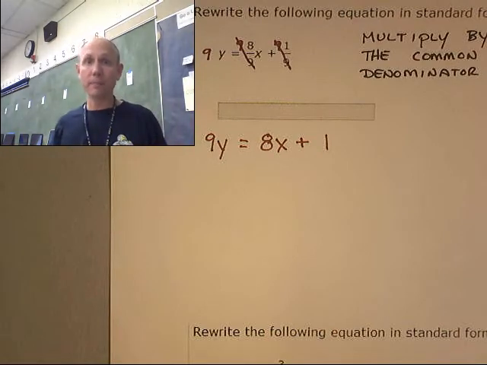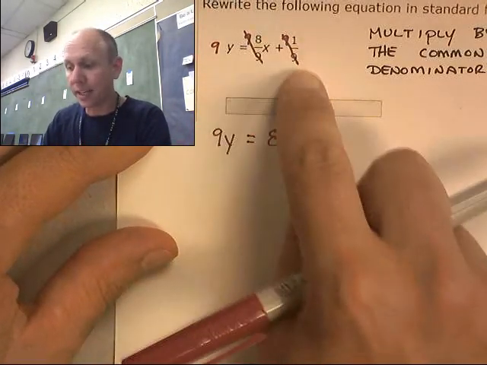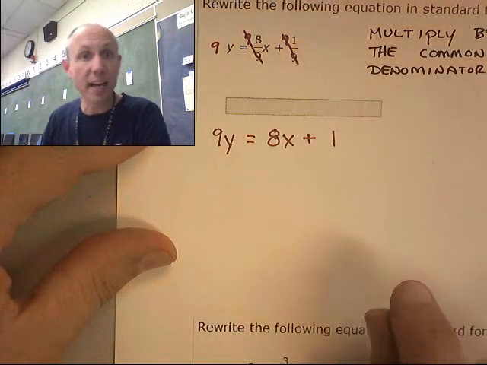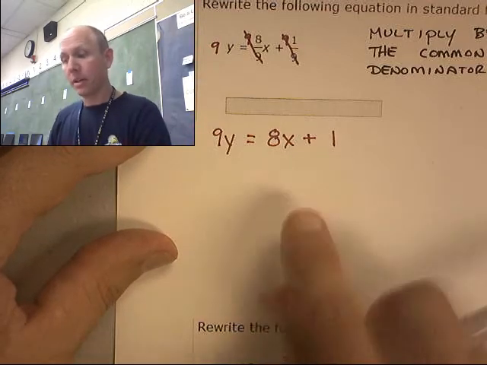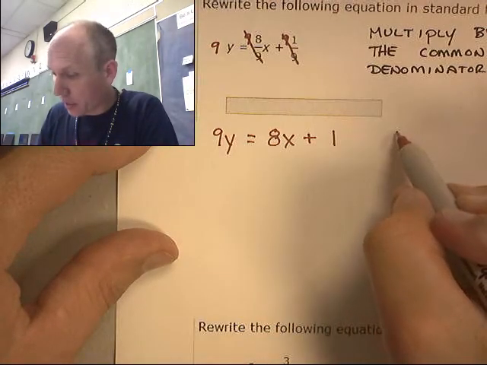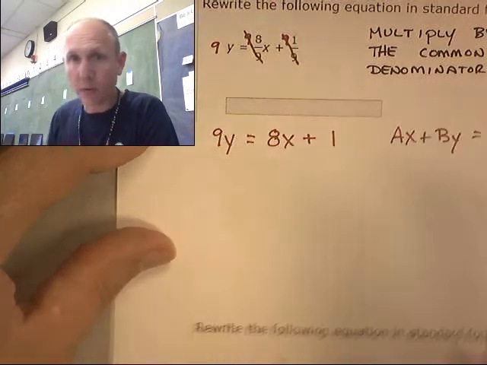It's pretty good, right? I hit everything with the common denominator. So if I have a 9 and a 9, I'll hit everything with the 9, and the 9s in the denominator will go away. Now, remember what I want. I want ax plus by equals c. That's what I'm going for.